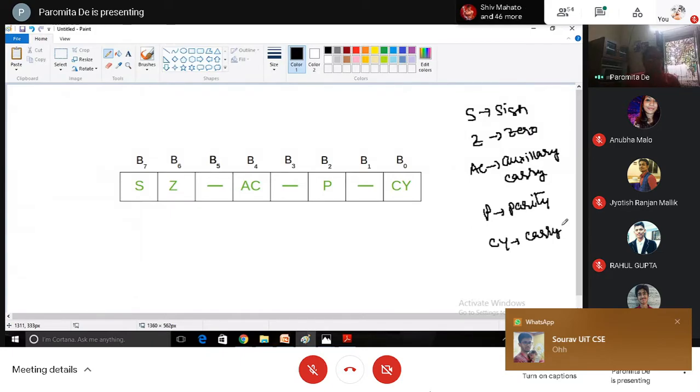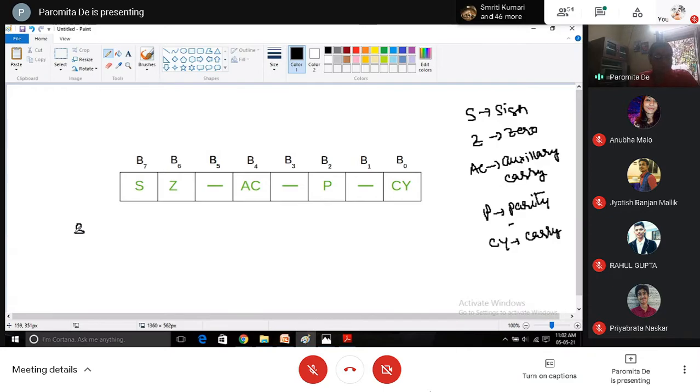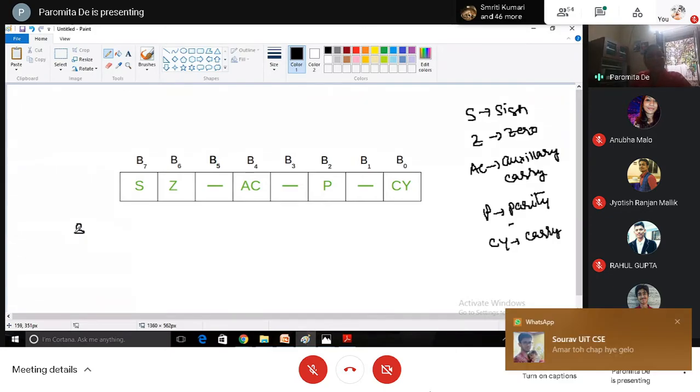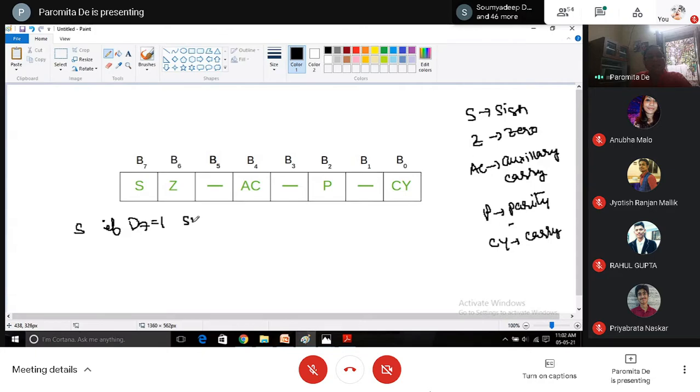The sign flag will be set if D7 is 1. If D7 is equal to 1, then the sign flag is set, or else it is reset.